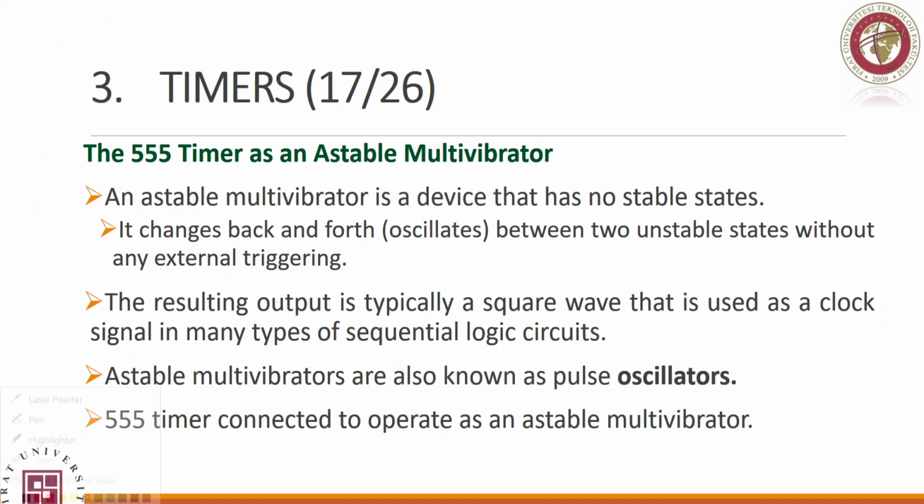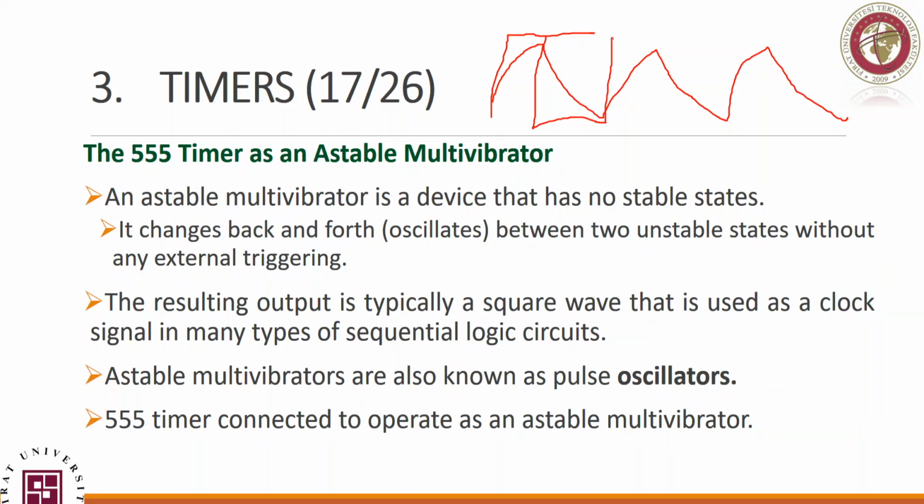Let me draw it properly here. We have charging, then discharging, then charging, then discharging. So we have the time high up until here, then the time low and the time high, again the time low, then the time high, low, and so on.